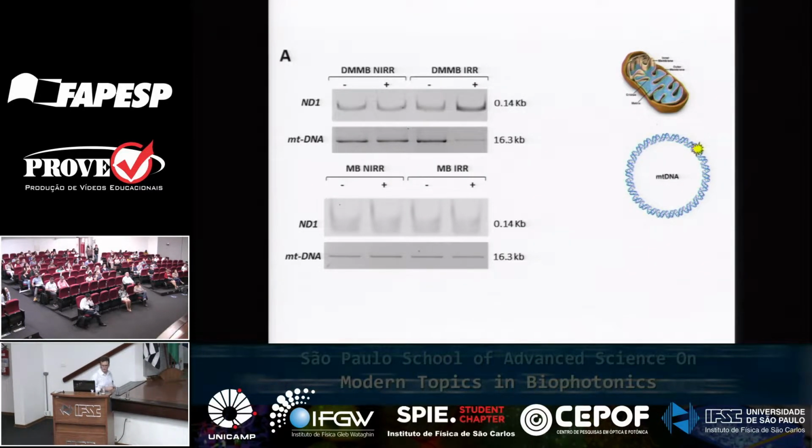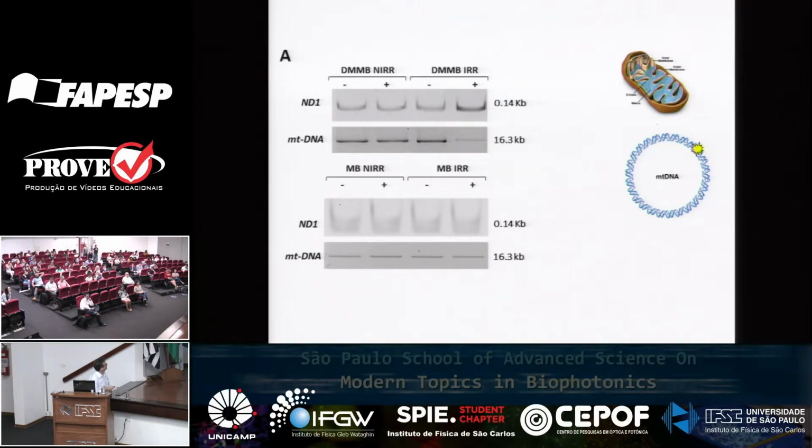And so, when we treat cells with this dye, we can see that it damages a lot the DNA of mitochondria. So this is mitochondrial DNA. We can do PCR here to detect long pieces of mitochondrial DNA.